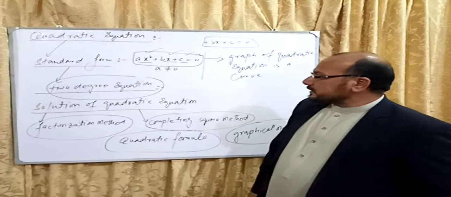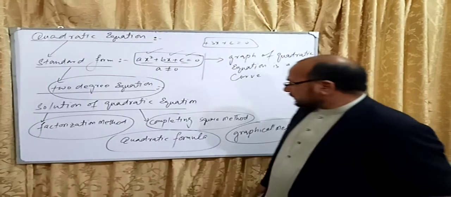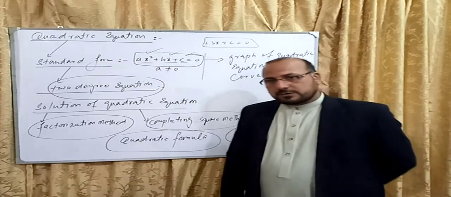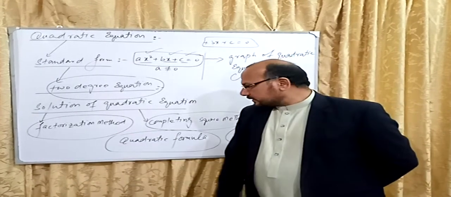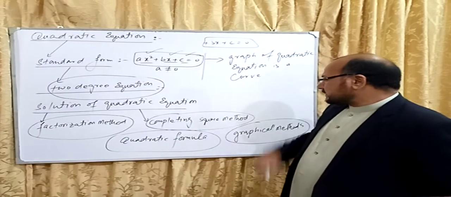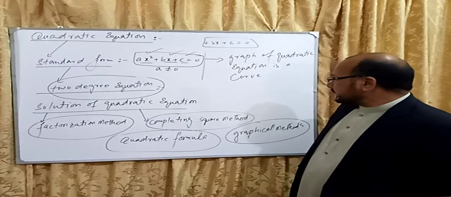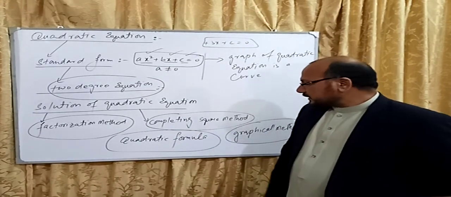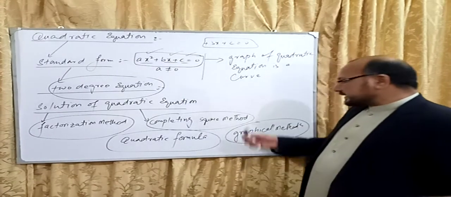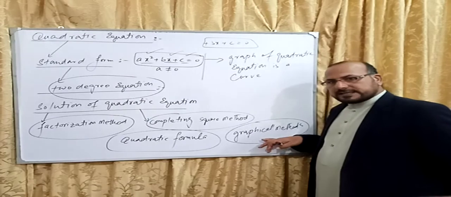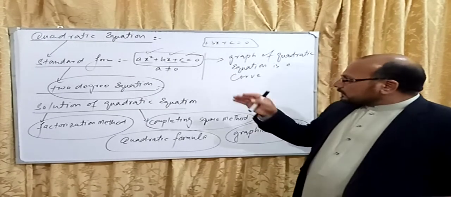We use four methods basically for the solution of a quadratic equation, in which the first method is factorization, the second method is completing the square, and the third method is the quadratic formula. Besides these three methods, we have another method, that is the graphical method.